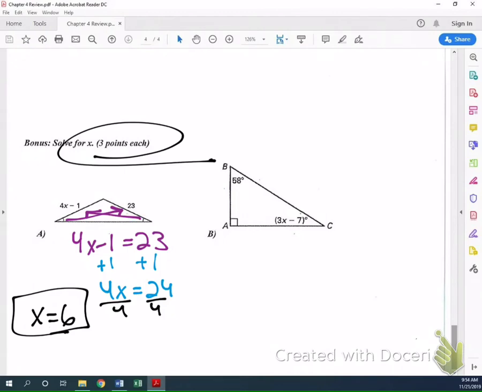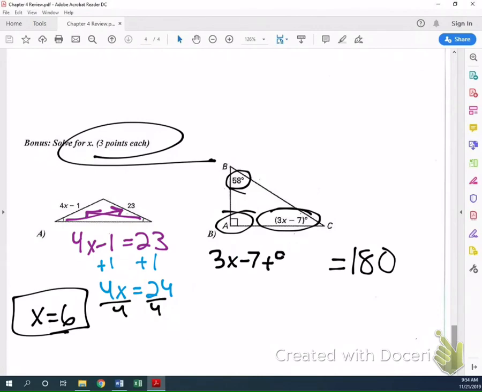Now, what do we know about the 3 angles of a triangle? They all add to equal what? 180. So I'm going to do 3x minus 7 plus 90 plus 58 equals the 180.